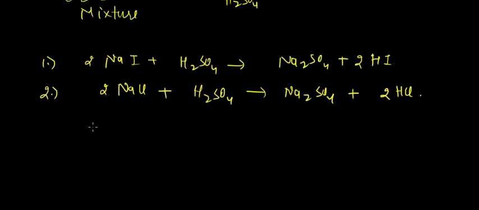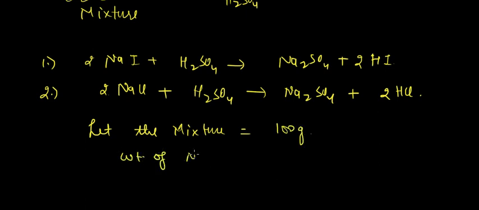Now let us assume the mixture's mass would be 100 grams. Let's take the weight of NaI to be x grams and the weight of NaCl to be 100 minus x.